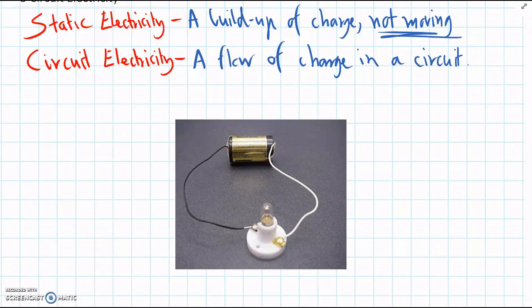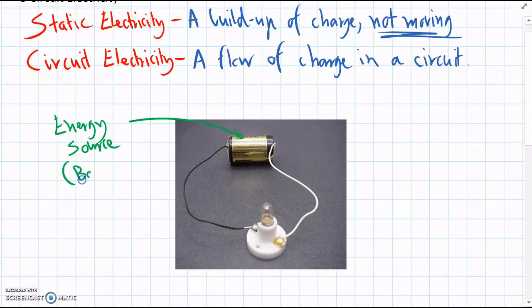So here is a really simple circuit, which you could easily make at home, or just from going to the hardware shop. You can buy a battery and some wires and a little globe. So every circuit, it needs an energy source, firstly, which is the battery in this case.